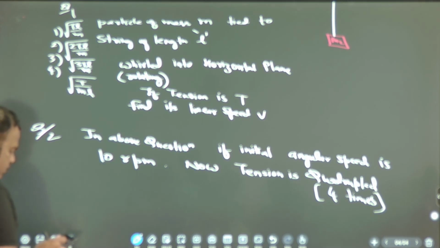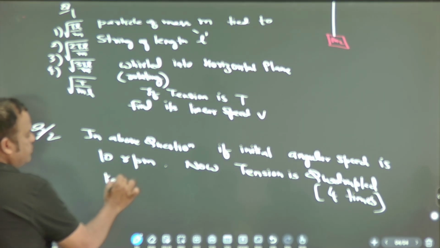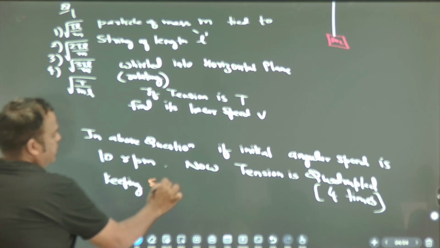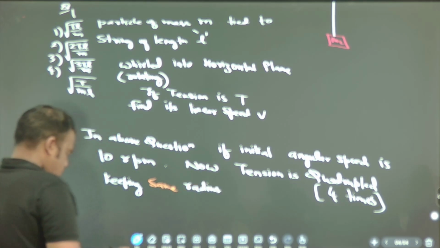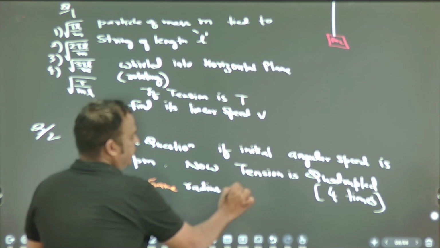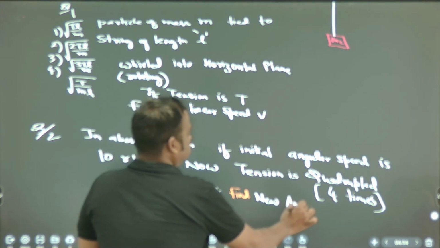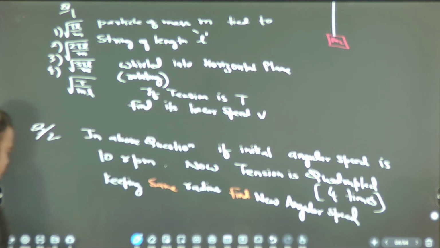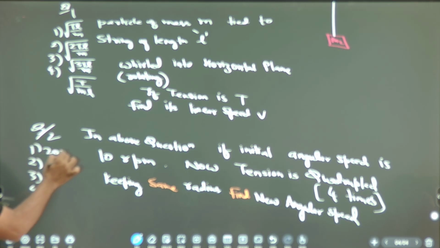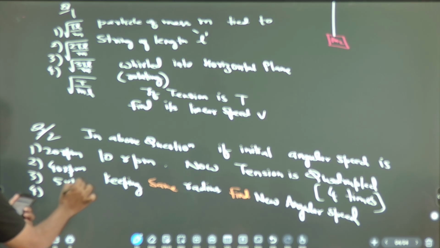Keeping the same radius, find the new angular speed. Options: 20 rpm, 40 rpm, 5 rpm, 10 rpm.